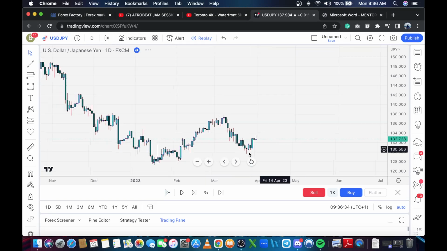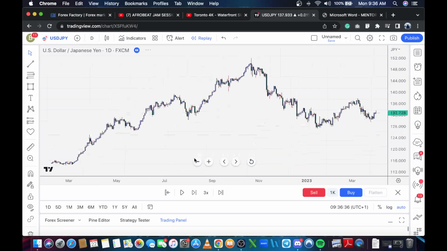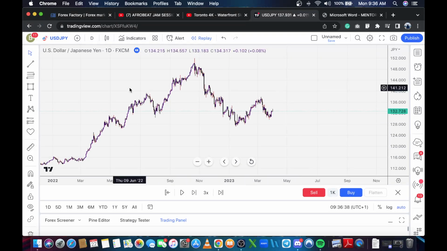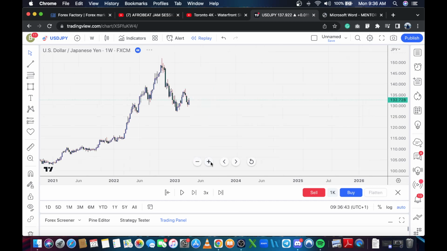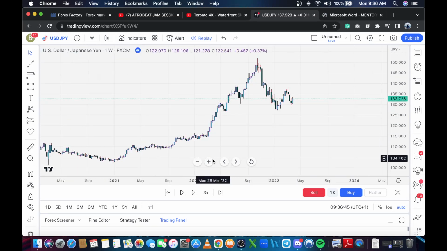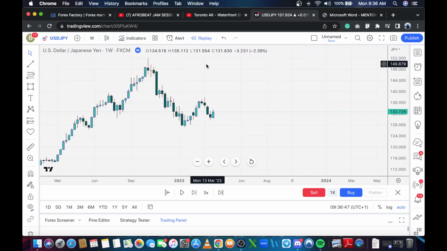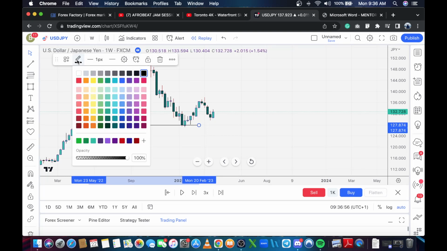So we're going to use this chart to identify, it's the same chart we've been using with our higher time frame analysis, and you can see here that we have run down into a weekly discount, which is a weekly bullish order block, and I will use a red line.